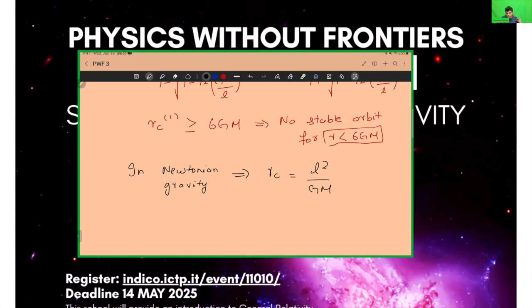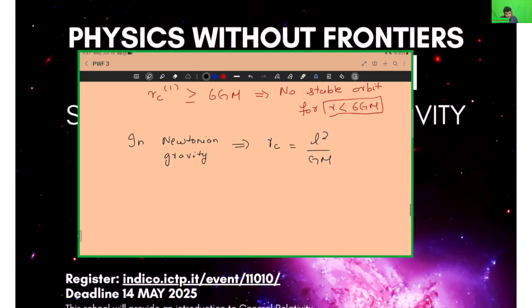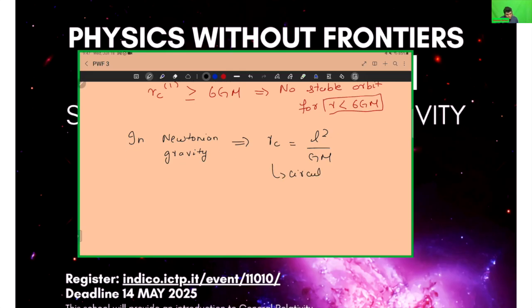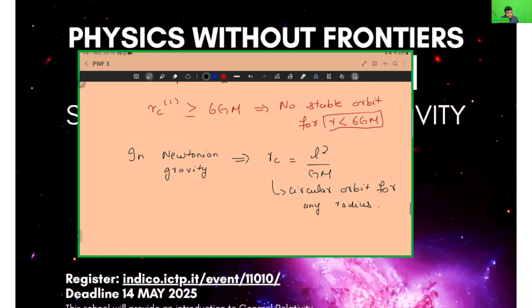A circular orbit with any radius, you just need to have a corresponding L, right? So it means circular orbits exist for any radius. So this result is not consistent with that, which means that the spherically symmetric solutions of general relativity don't allow circular orbits for all radii, which is not true in Newtonian mechanics. Okay, let me see if there are any questions before I move on.